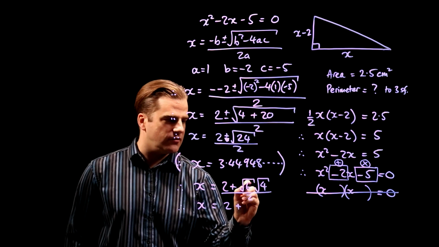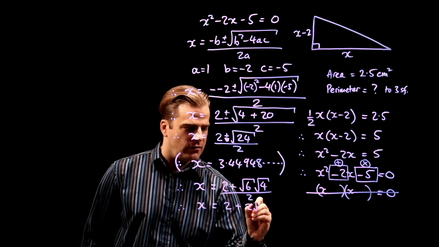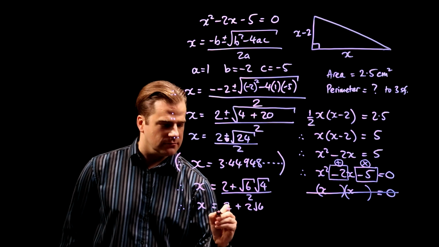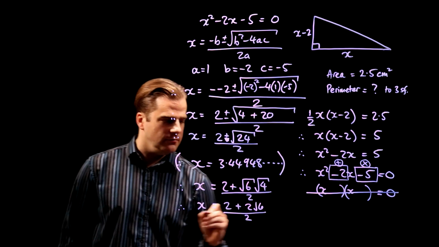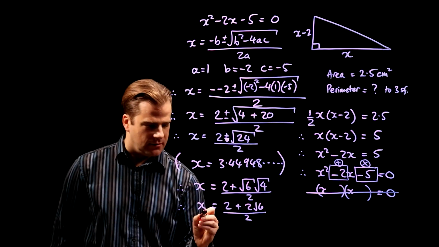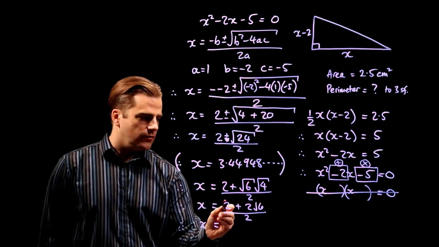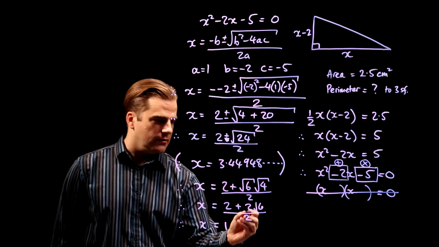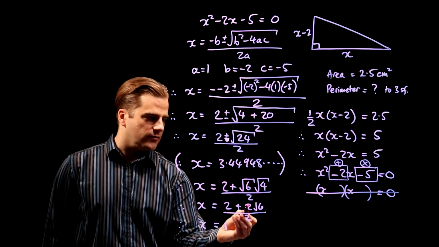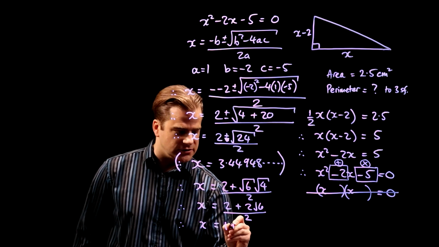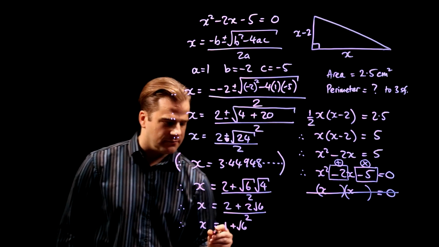So I'm going to write root 6 root 4 as 2 root 6, all over 2. Okay? So therefore, x is 2 divided by 2 is 1, and you've got 2 on the top, 2 on the bottom, so that leaves just root 6.